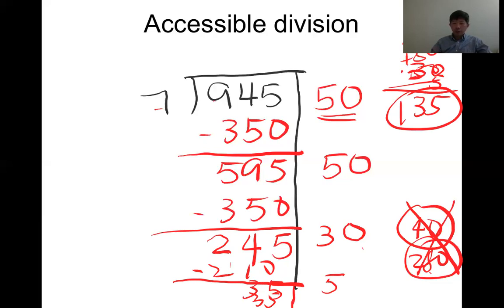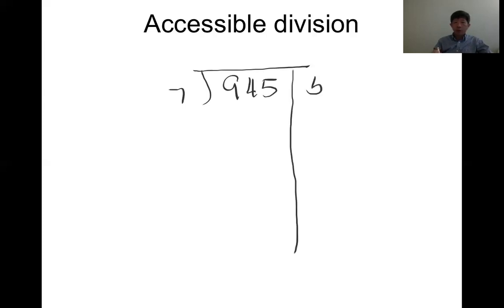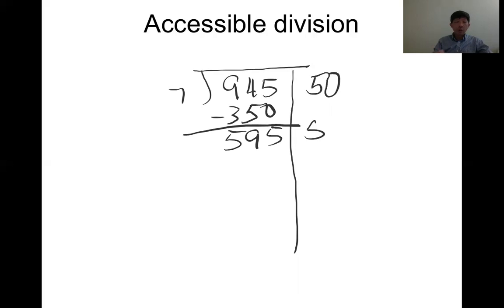Okay, so that's the accessible division. 945 divided by 7. Let me do it one more time. I pick a number of 50, so therefore 350 for this, and subtract, got a 595, and then I pick 50 again. 7 times 50, 350.